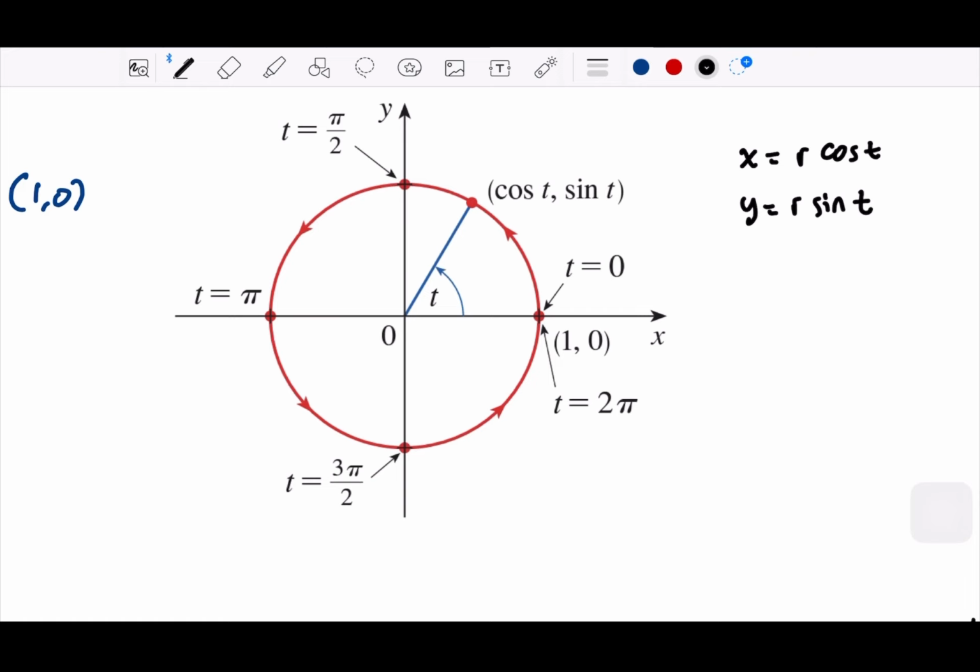We're going to see a lot of this part, r cosine and r sine, later on in polar coordinates. This is actually polar, but not really polar, because we are still having x and y. It's not really converting to the polar axis.